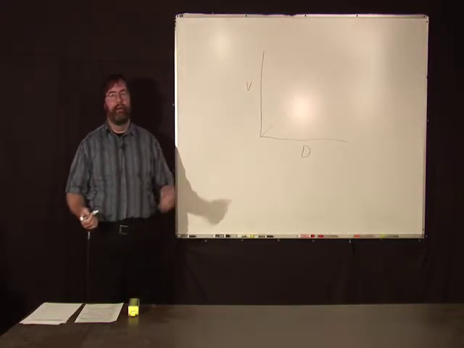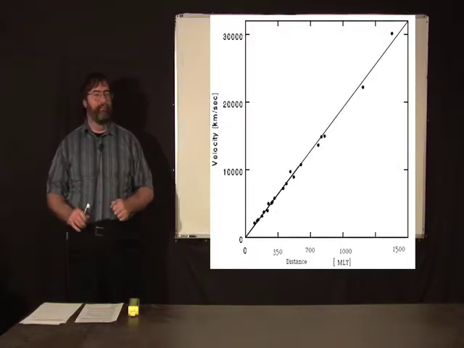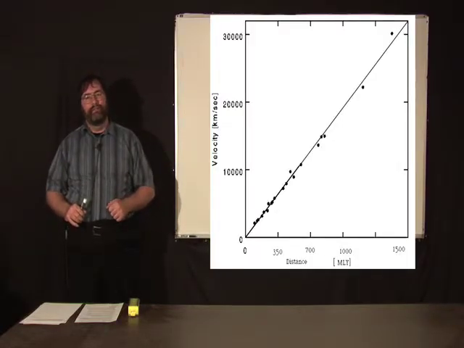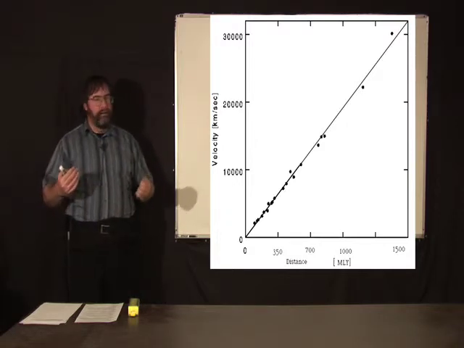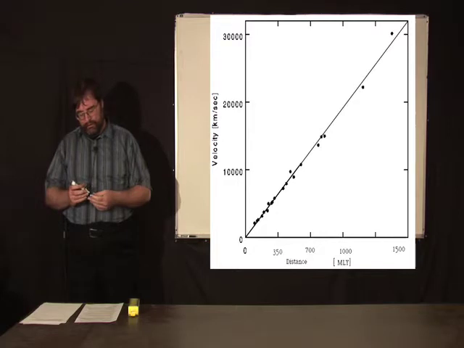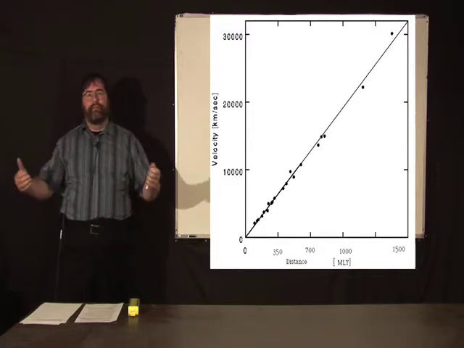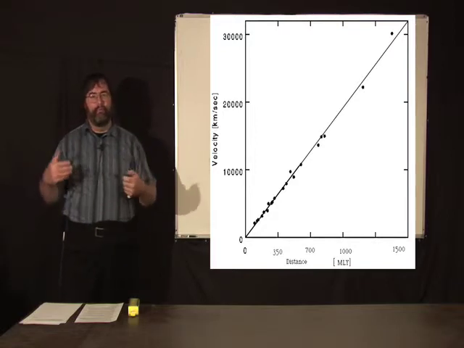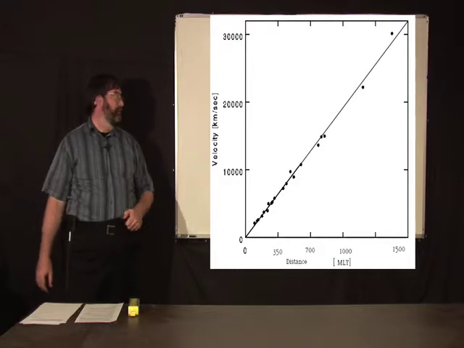This is called a Hubble diagram. Actually, here's one that has some data on it. But as you can see, the velocities seem to be a linear function of the distance. So the universe is, at least on some average sense, expanding fairly uniformly.